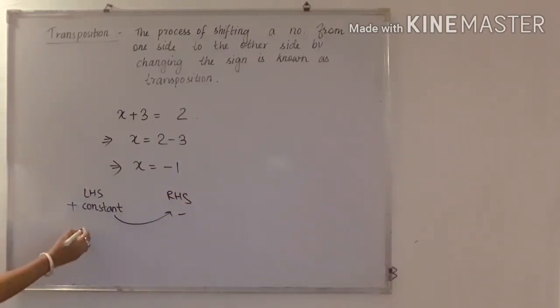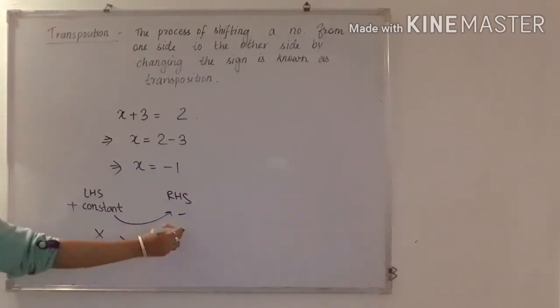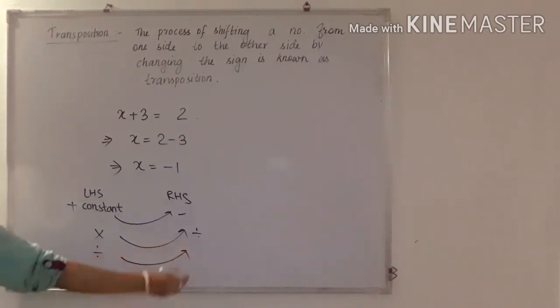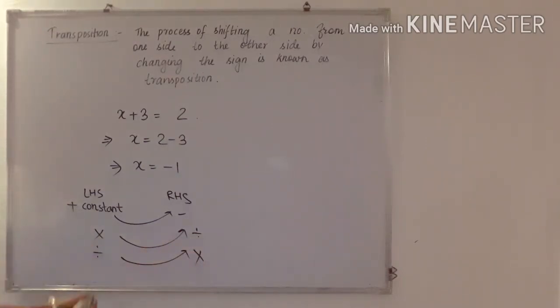Similarly, if a number is multiplied on this side, it will go to the other side and become divide. Similarly, if a number is divided on this side and goes to the right hand side, then it will get multiplied. If a negative value goes to the right hand side, it will become positive. So these things you have to remember. No need to rewrite these things, already we have discussed. Just keep these things in mind.